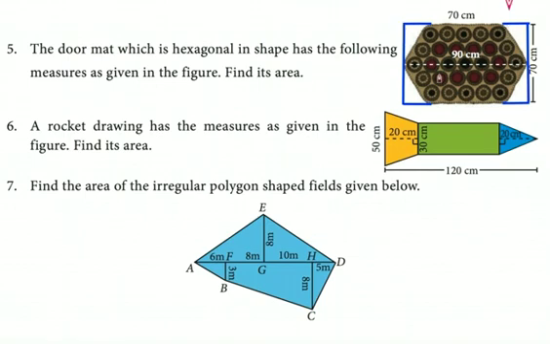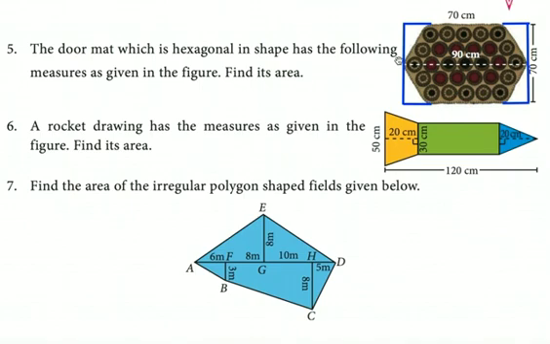What about height? Total is 70, so this height is 35, half of the total. Half base into height, that means half 10 into 35.